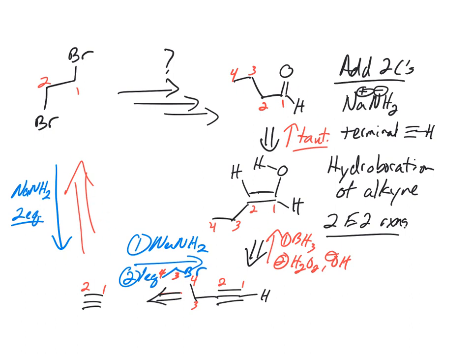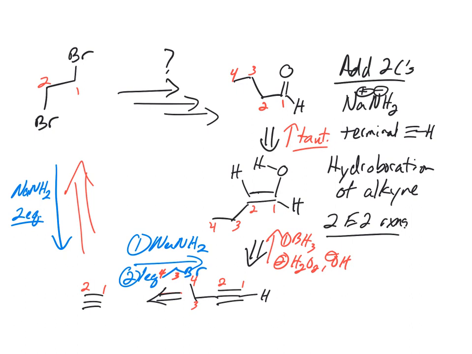So one of the challenging steps, you have to recognize to get to an aldehyde, you had to use an alkyne, right? So that means if you look back, if I see this, I know there has to be an alkyne. That means I need to turn this starting material at some point into an alkyne. I see 2 leaving groups.